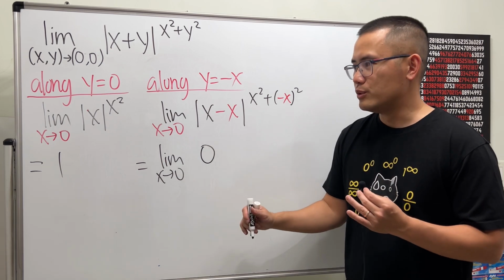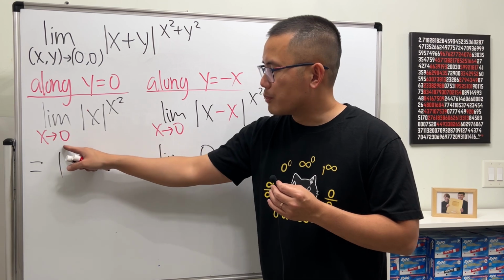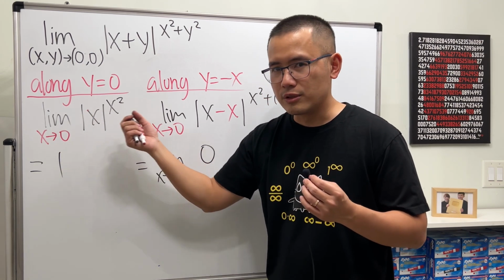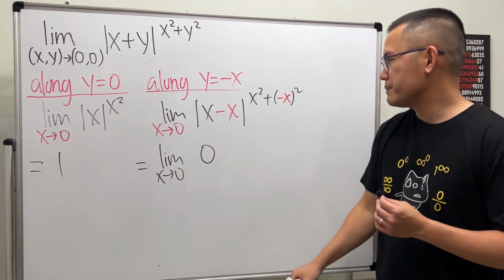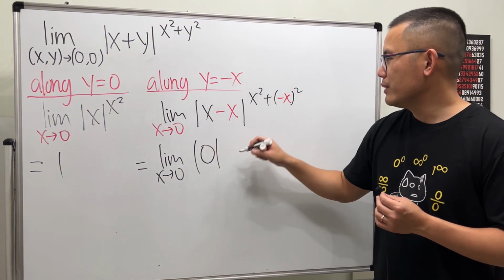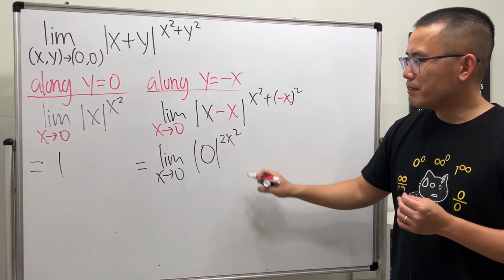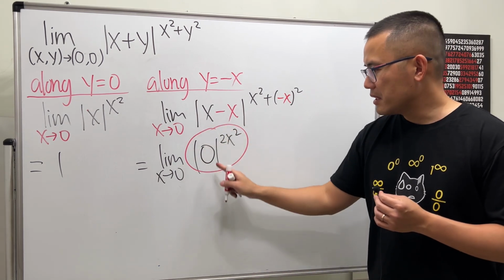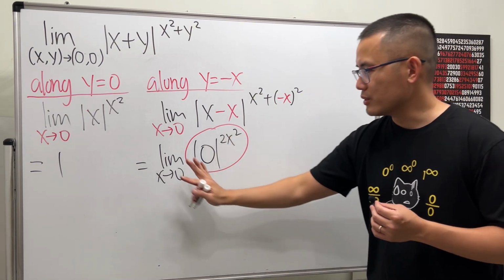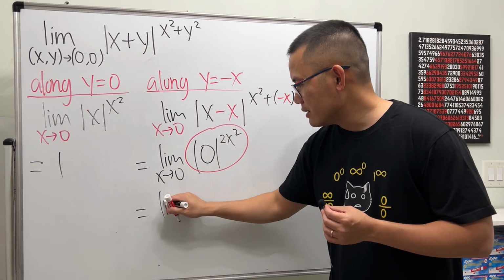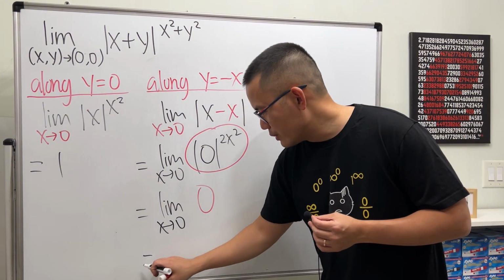It's purely 0. It's not like when you have x approaching 0, like 0.0001. x minus x cancels out right away. The exponent here is 2x squared, but because the base is always equal to 0, raised to whatever power, you will get 0. Just ignore that. This is the limit as x approaches 0 of 0. So for this one, you get 0.